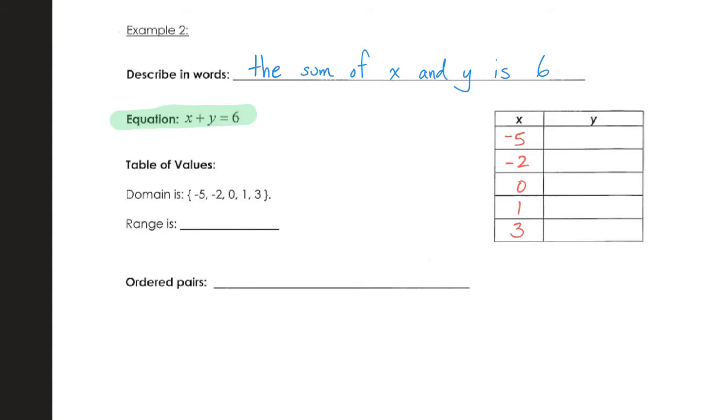So for me to come up with that y value, I need to replace my x with -5. And I have that if I'm using my equation. So I could actually solve that equation because I have the ability to do that now. And to get rid of a -5, I need to add 5. There's my y value.